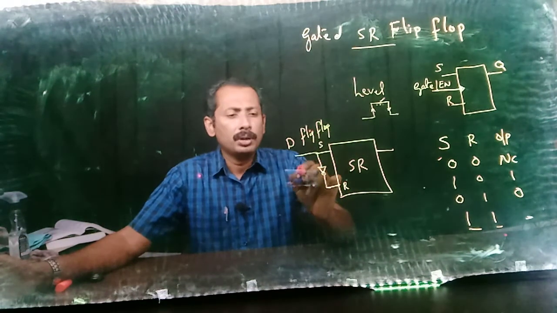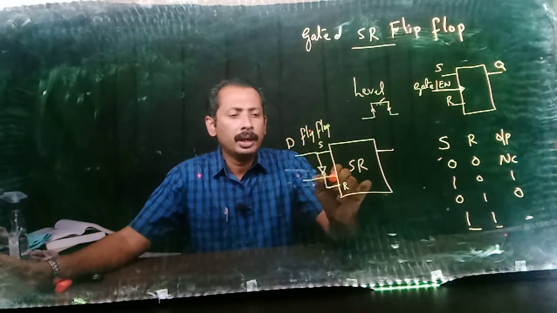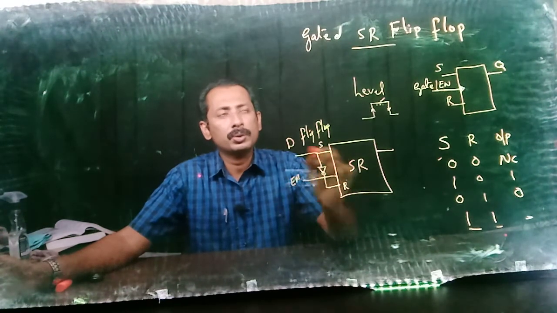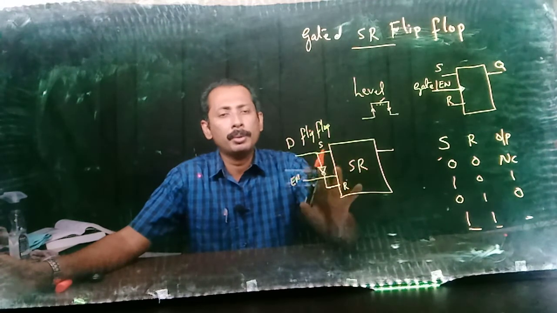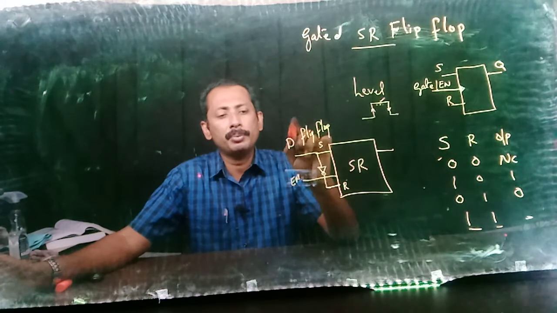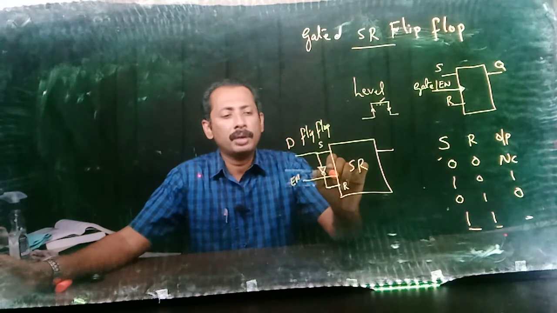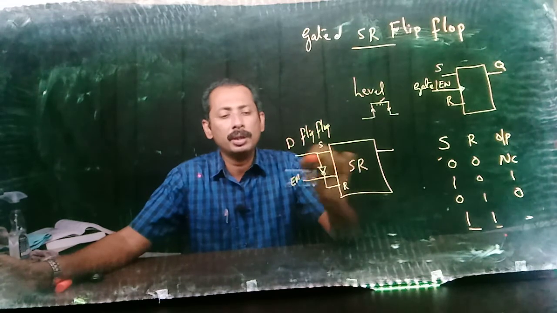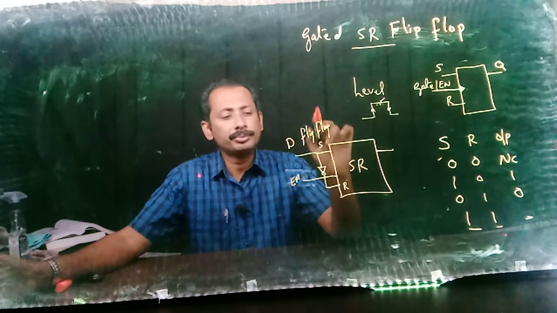We can also arrange a gate input or enable input for this, and this will now become a gated D flip-flop. So D has only one input. If I am giving an extra input called enable, then that is a clock or the enable or the gate.